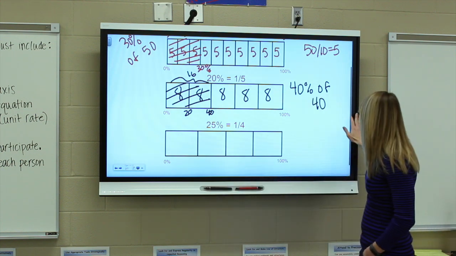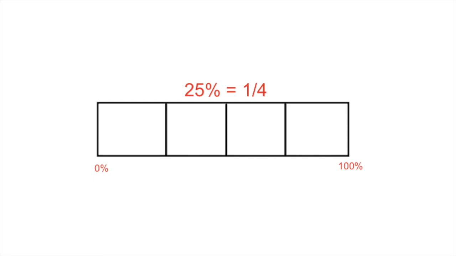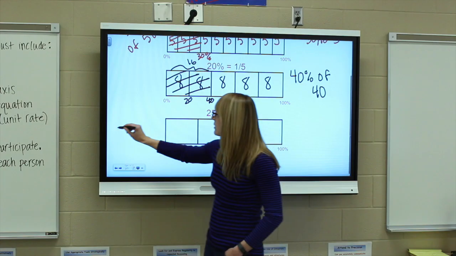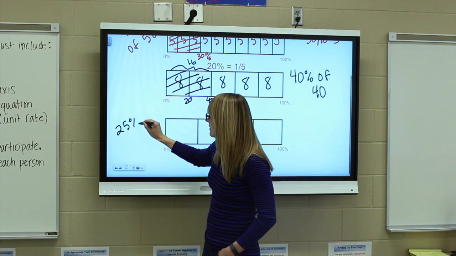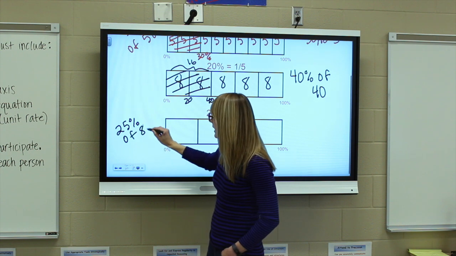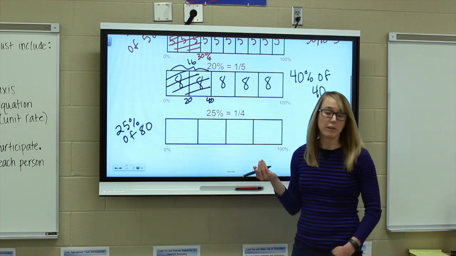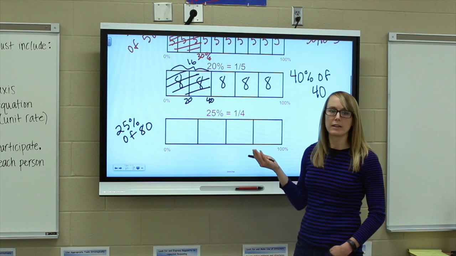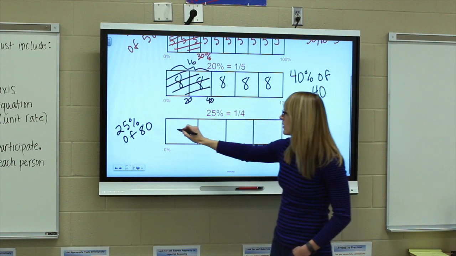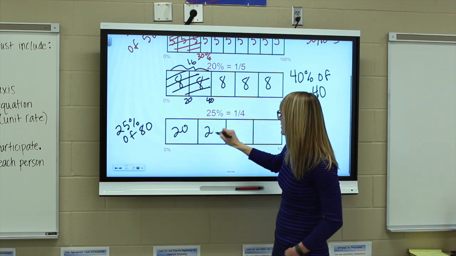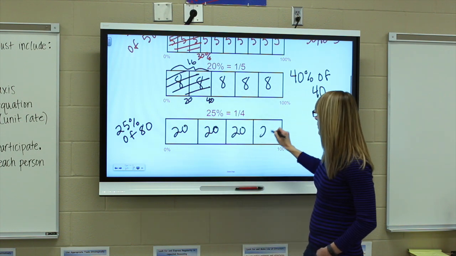And then the last benchmark fraction percent relationship, 25% we know is a fourth. So if you were looking for 25% of 80, you know that I'm looking for a fourth of 80, so 80 divided by 4 is 20. So each of these sections is worth 20.